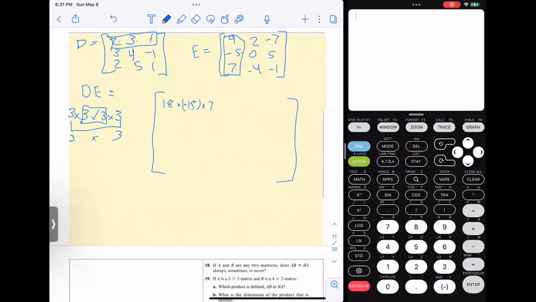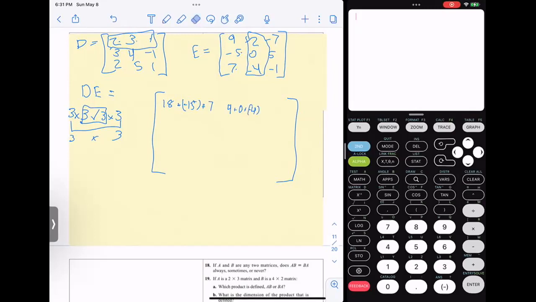Now, if we want to find our first row, second column, we're going to do that first row by the second column. So 2 times 2 is 4, plus 0 times 3 is 0, plus 1 times negative 4 is negative 4.